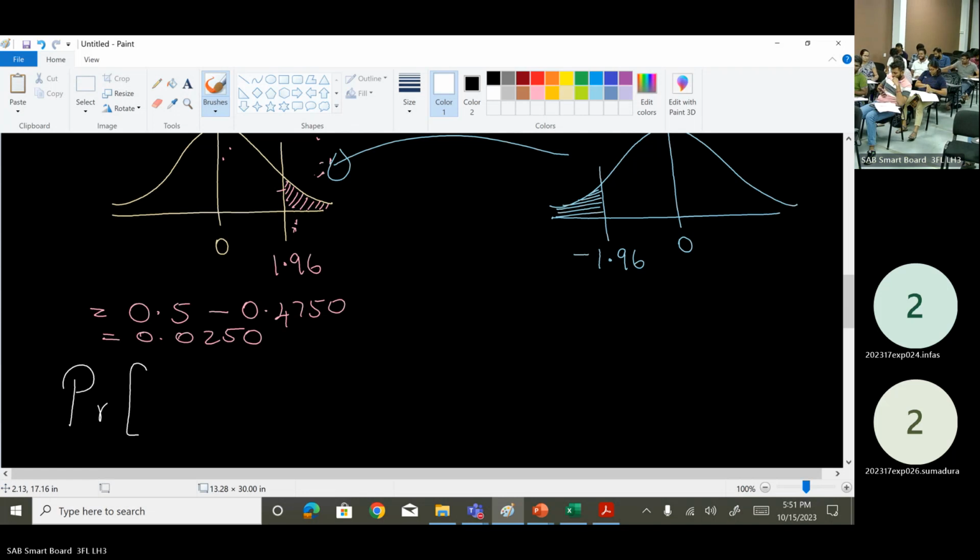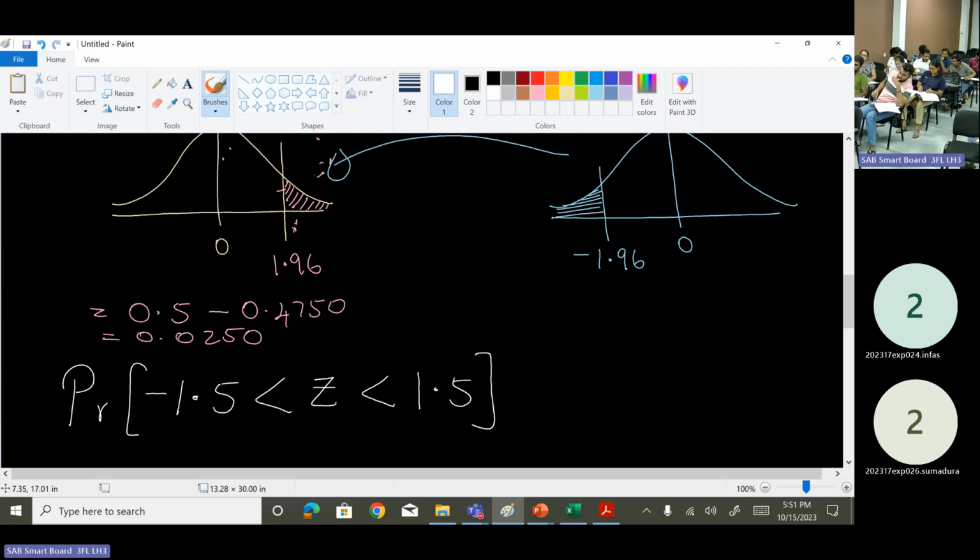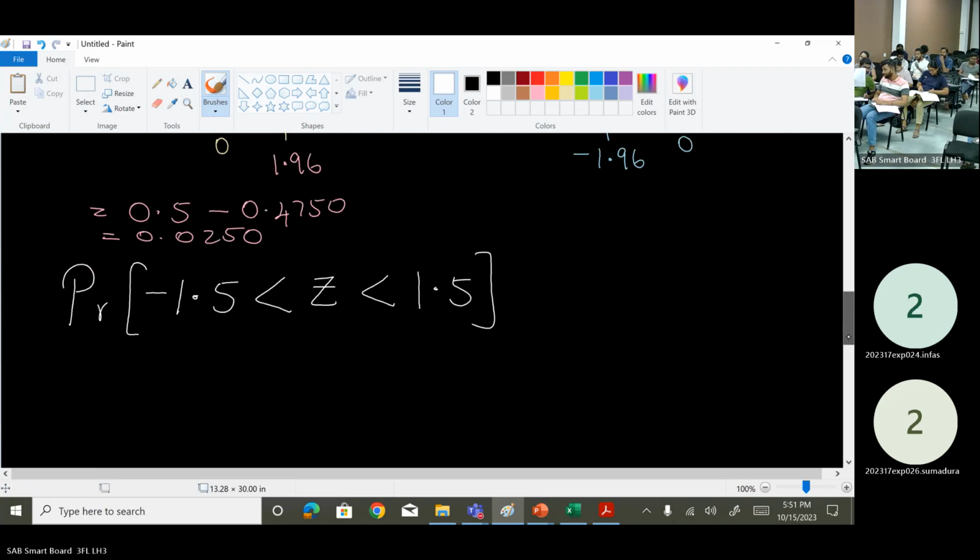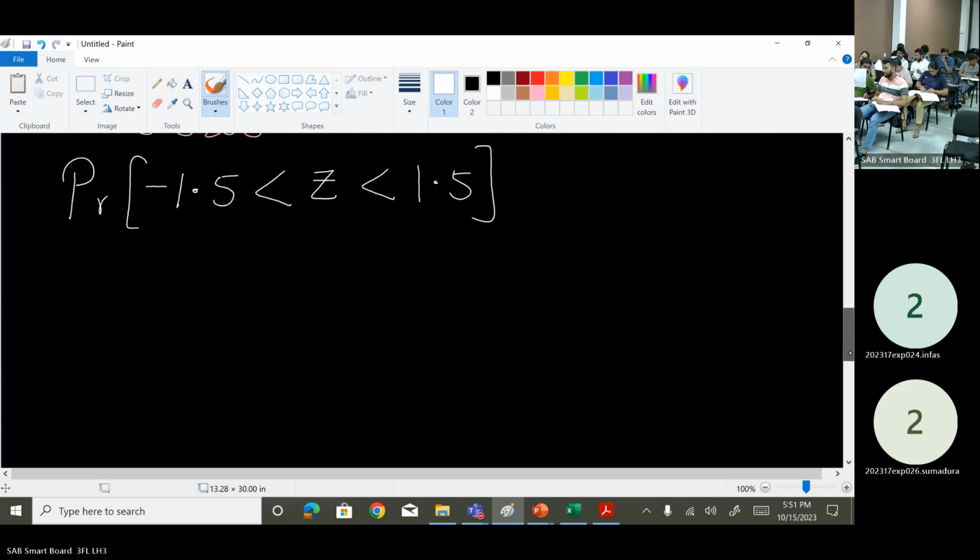This one, probability minus 1.5 less than Z less than 1.5.